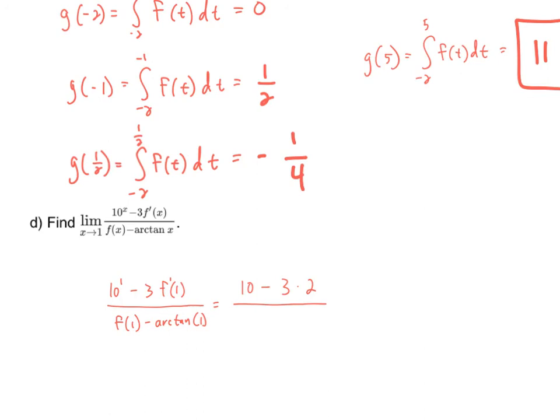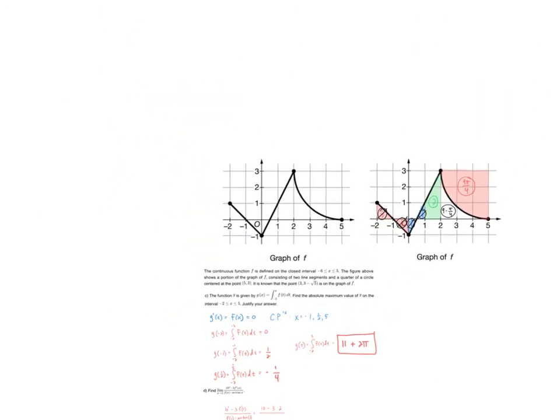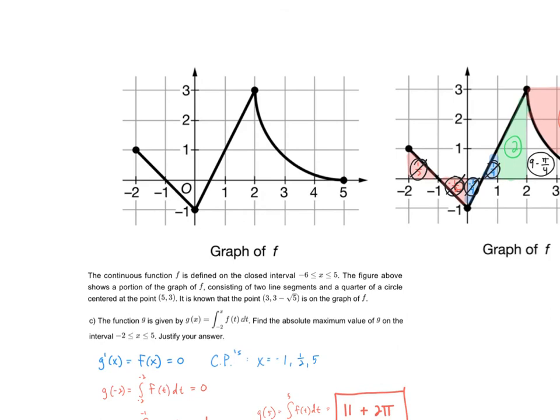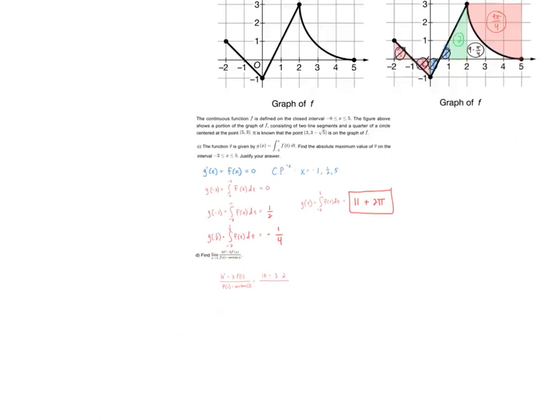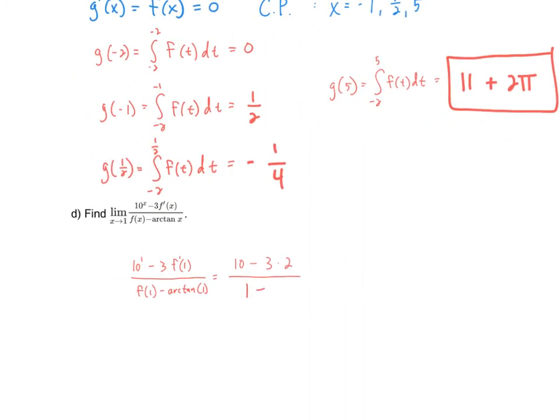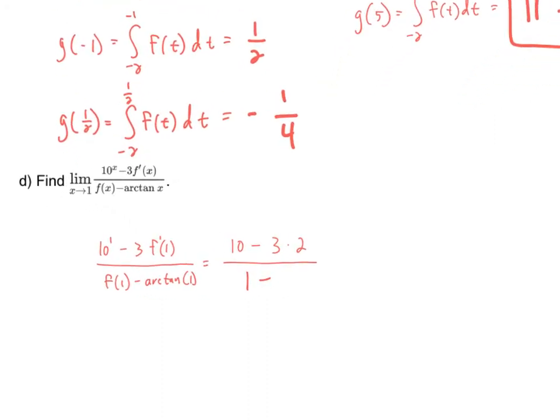And then at the bottom we need f at 1, which is just 1. And then arctan of 1. Where does tan equal 1? That's pi over 4.